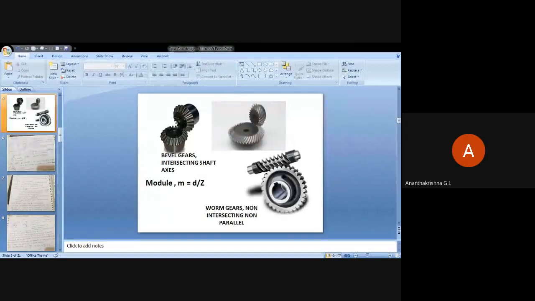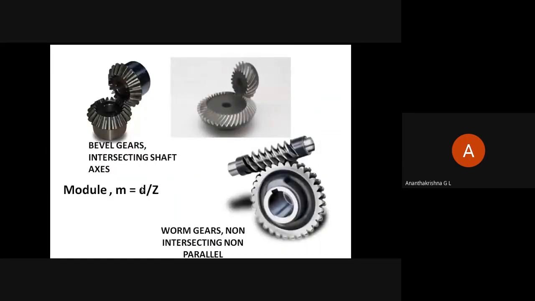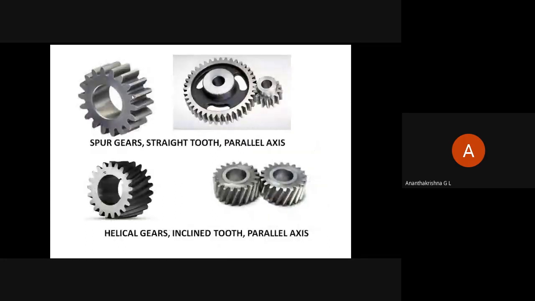Millimeter per tooth. Pitch circle diameter is in millimeters, so the unit is millimeter per tooth. Then what will be the understanding of module here? Millimeter per tooth essentially gives you the thickness of gear teeth.